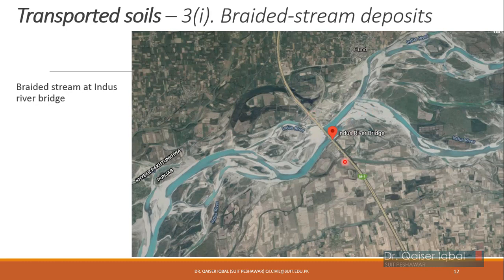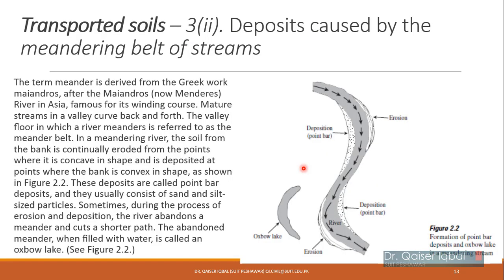There are few clay type deposits in this region, which is usually common in the Swabi Hund region or in Hassan Abdal. But in this region you will see there will be coarser particles, there will be gravel, sands or silts, etc. because of this braided soil deposit. Okay. So this is one of the examples which I wanted to mention.